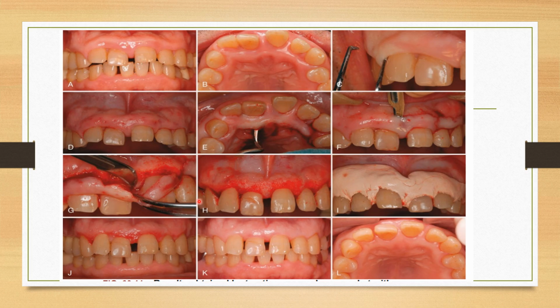This is after the removal, and this is the periopack given after the gingivectomy procedure. There is immediate healing after 7 days, and after 14 days you can see the labial view and the palatal view.